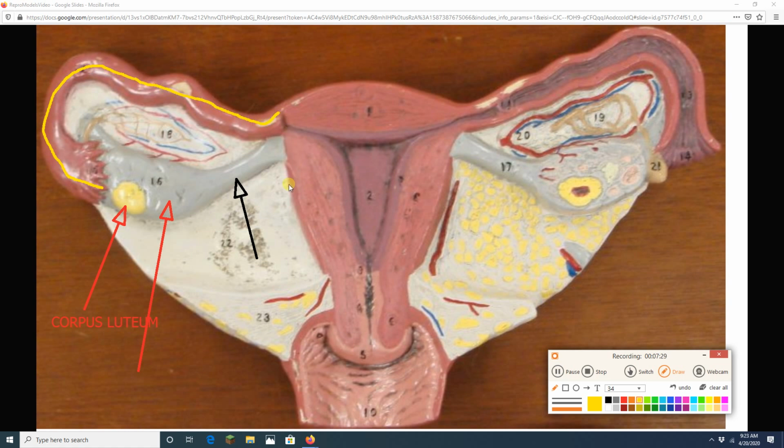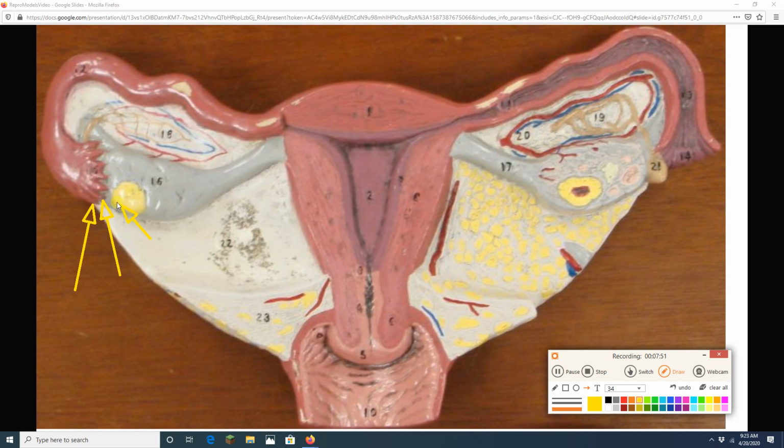Now, the fallopian tube doesn't actually connect with the ovary. The fallopian tube is open, and it's open near the ovary. And the fallopian tube actually has different parts to it. It has these finger-like structures, which we see right here.